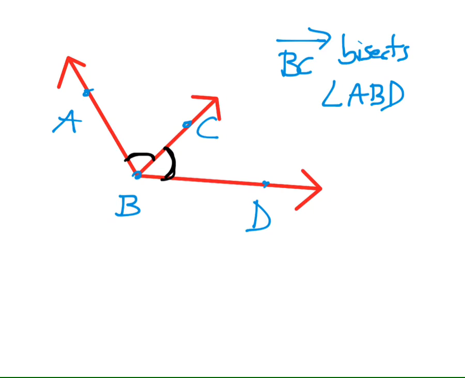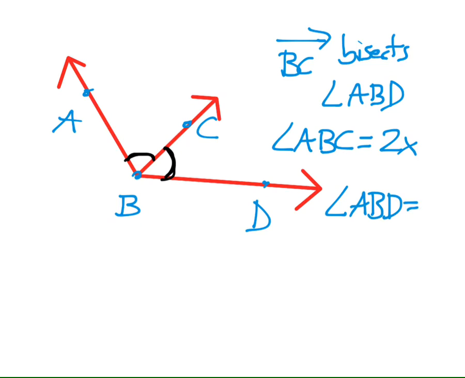Then if I told you angle ABC is equal to 2x and angle ABD is equal to 160. And then let's say find angle CBD. So a lot of different pieces of information here.